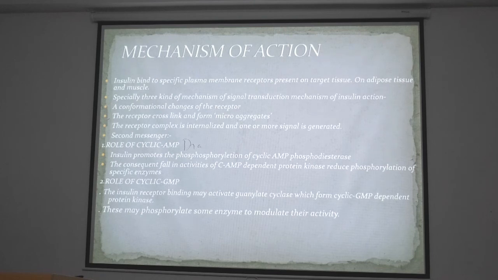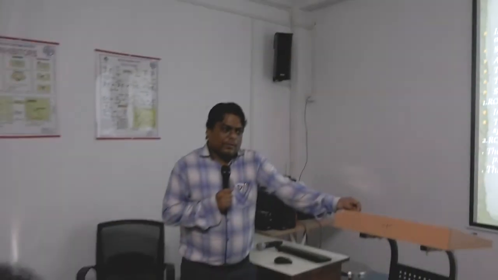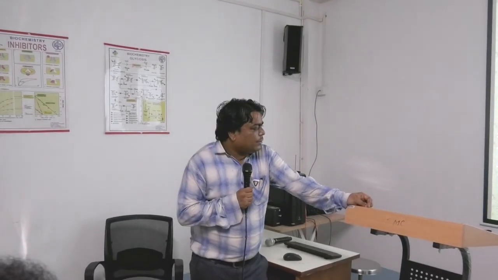So basically, what are we talking about? There are two types of state: dephosphorylation and phosphorylation. Insulin induces the phosphorylation state, and some enzymes depend on this state. Which enzymes depend on the phosphorylation state?